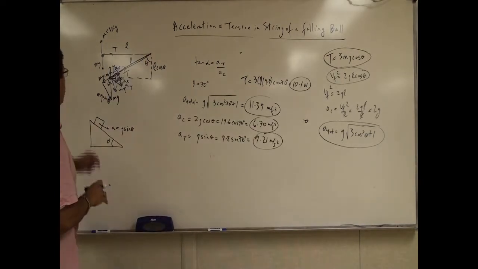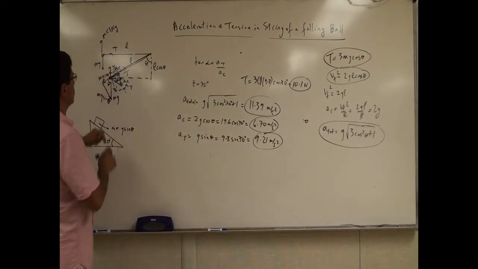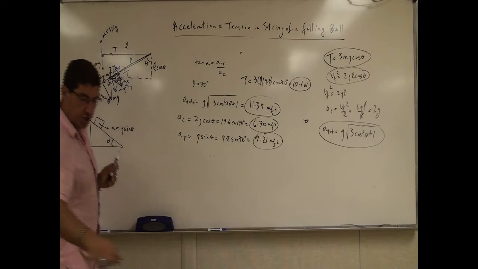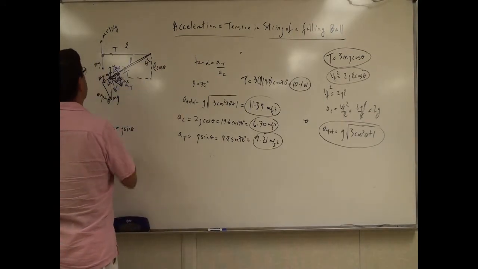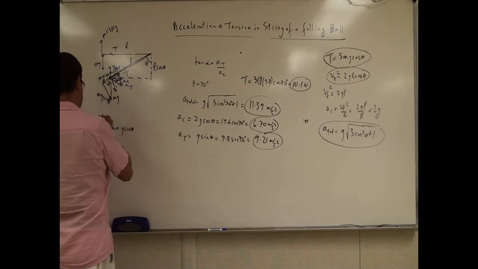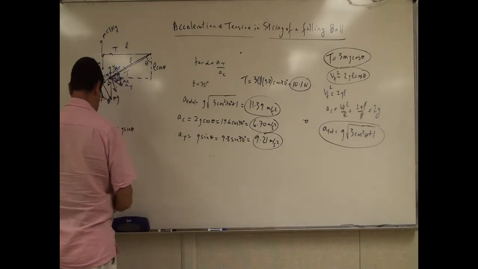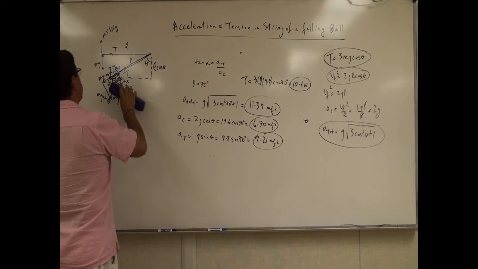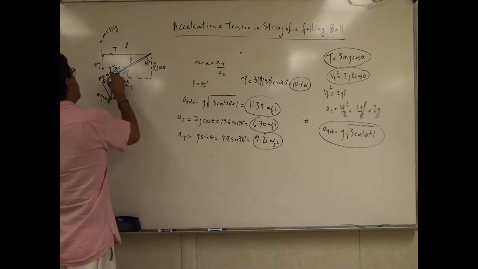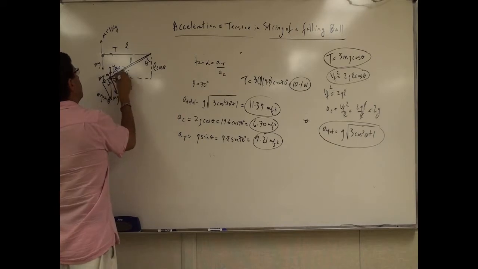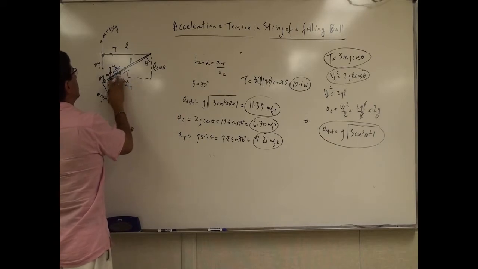What's happening here? Because it hasn't fallen too much, the A tangential is still larger than A centripetal, right? So this vector is larger than this vector here, right? So then what's going to happen?